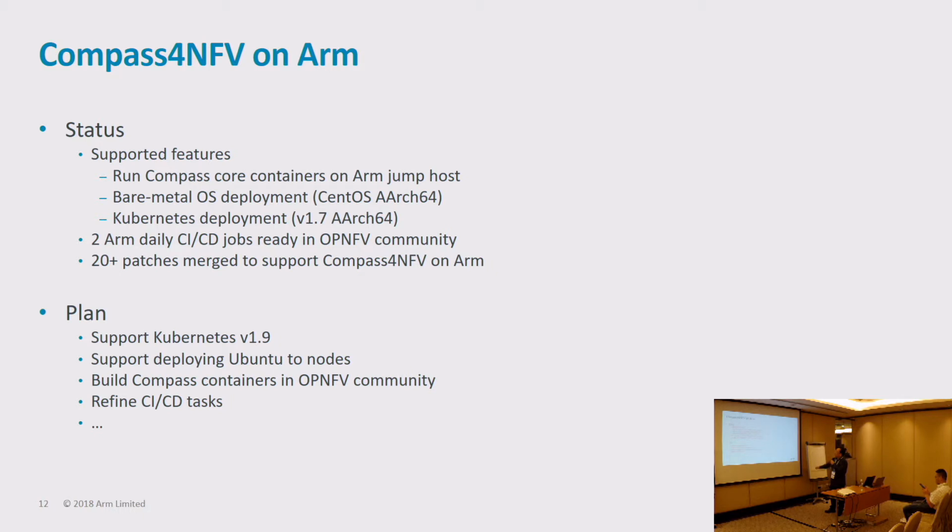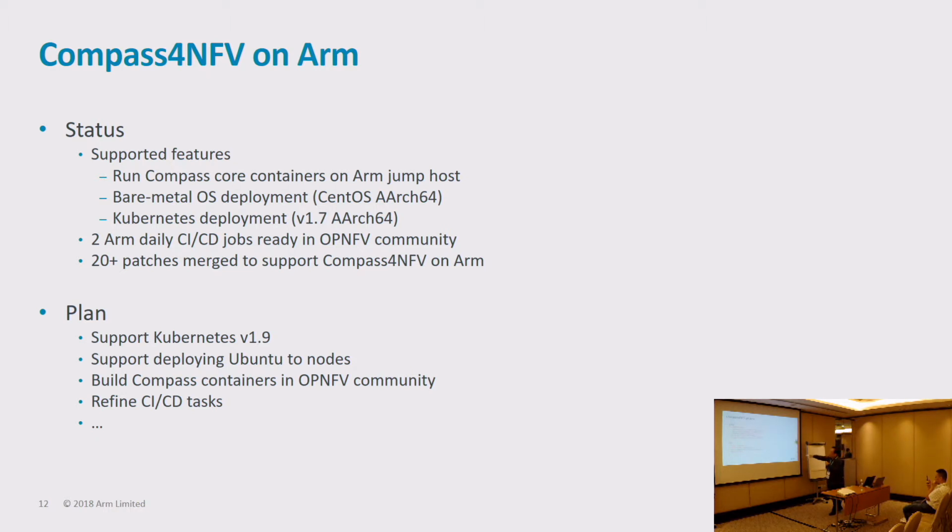For now, we can run the Compass core containers on the jump host. This means the jump server can be ARM, and the bare metal OS deployment and the Kubernetes deployment work. Currently, we support Kubernetes V1.7. Also, we set up 2 daily CI/CD jobs on bare metal ARM pods.